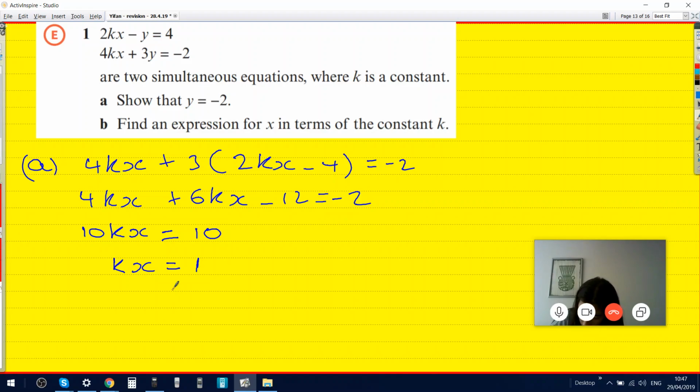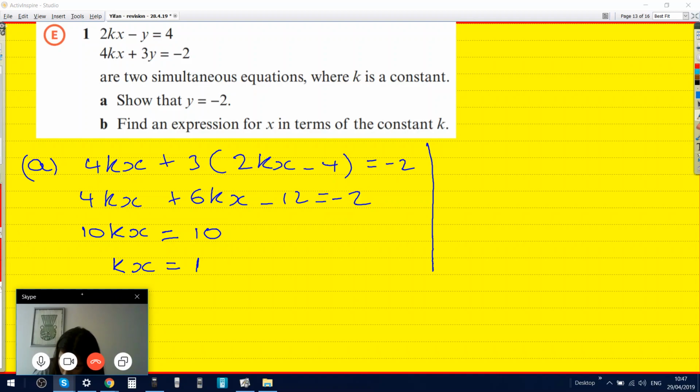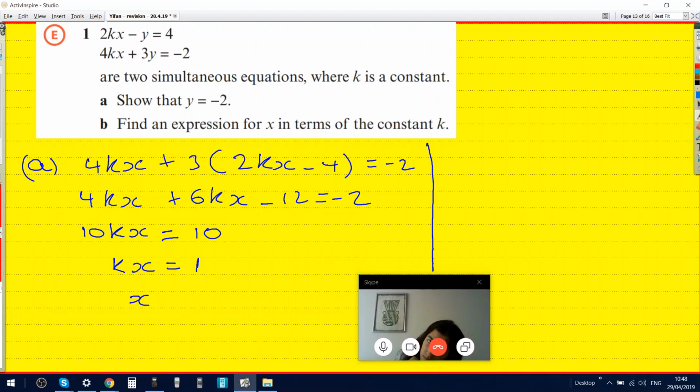So kx equals 1, and then you put 2 times 1 minus 4 equals y. 2 minus 4 equals y. Y equals minus 2. What would x be equal to then? 1 over k. And so that's the answer for part B: find the expression for x in terms of the constant k. The answer is 1 over k.